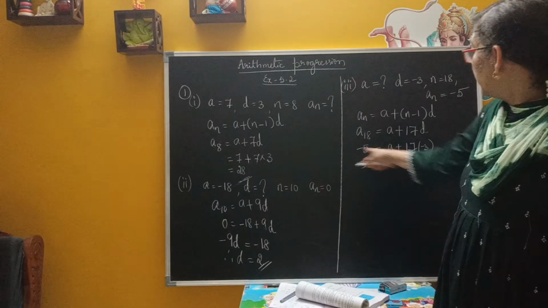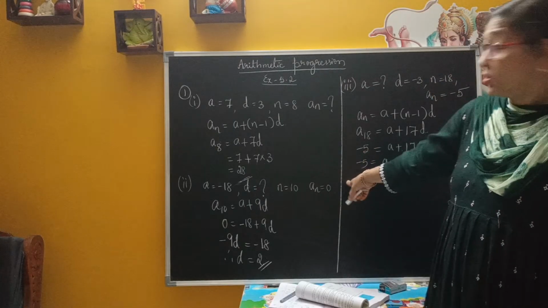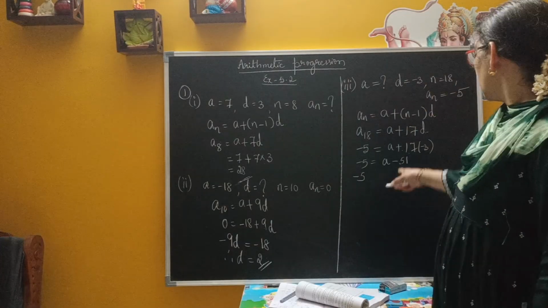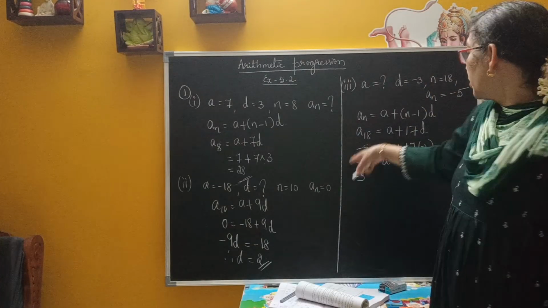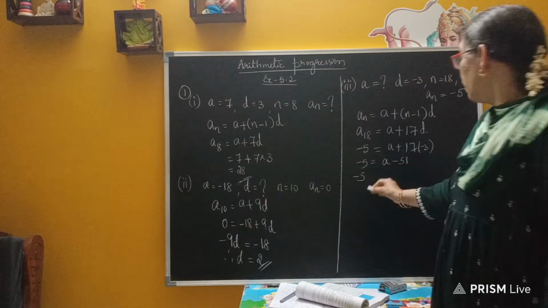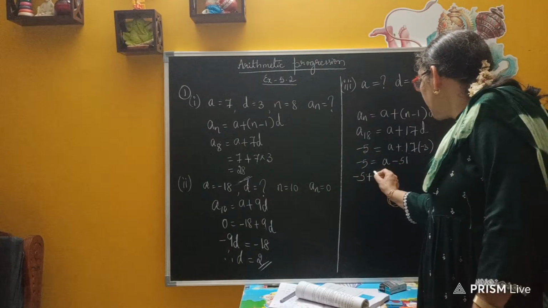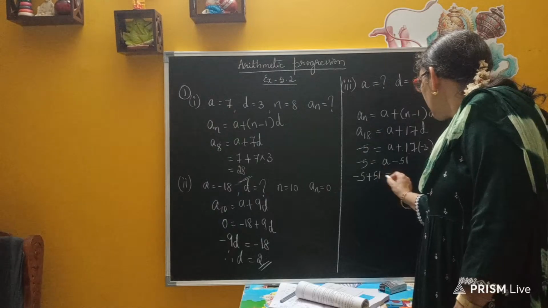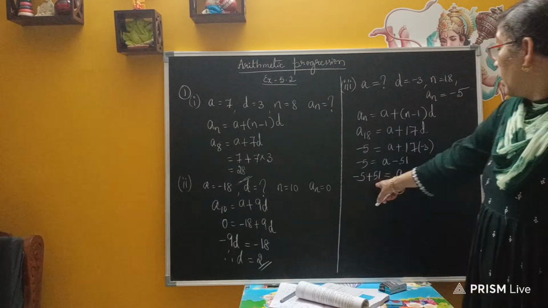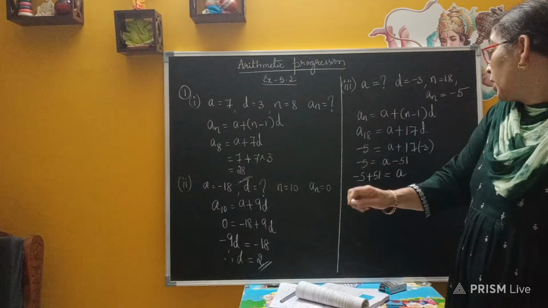Now I will shift this to the LHS and show you. So minus 5. I will shift minus 51 to the LHS, transposing. So minus 5 plus 51, how much is it?